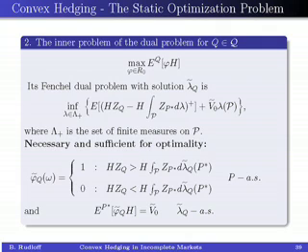Here the infimum is now taken with respect to finite measures on the set of equivalent martingale measures. Here you see the densities of the equivalent probability measures appear, and the dual variables are the lambdas. And we can show that necessary and sufficient for optimality is, probably as expected, related to test theory.